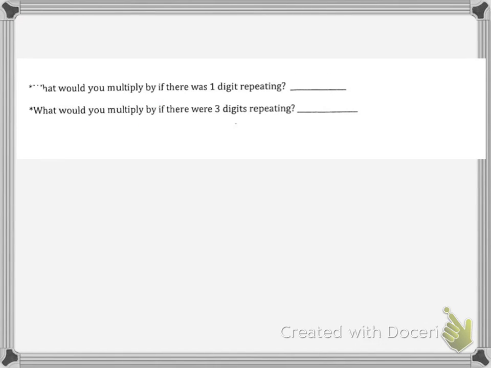So we want to make sure we're looking at patterns here. What would you multiply by if there was one digit repeating? That would be 10 to the first power, so you would multiply by 10. If there were 3 digits repeating, it would be 10 to the third, which is 10 times 10 times 10, and that gives you 1,000.